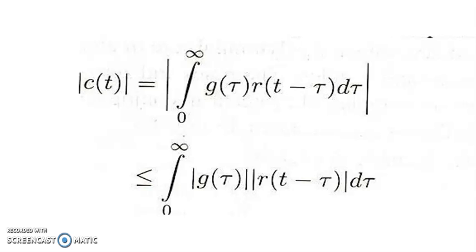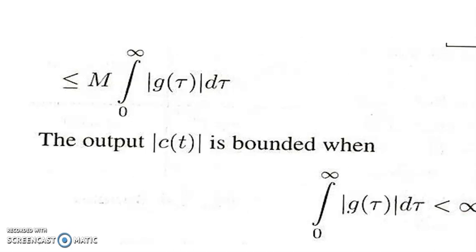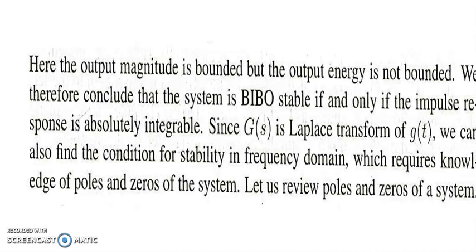Now r(t minus tau) is nothing but a time shifted version of r(t), and the bounds don't change, so this is bounded by M. So this is less than or equal to M times the integral 0 to infinity of the absolute value of g(tau) d tau. So what we learn from here is that the output c(t) is bounded when the integral 0 to infinity of the absolute value of g(tau) d tau is less than infinity.